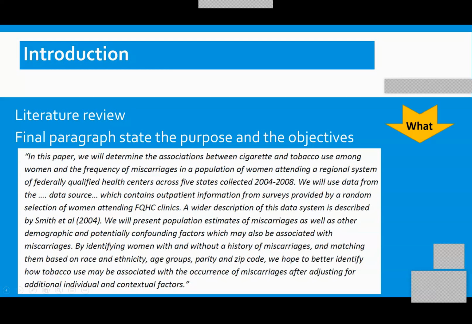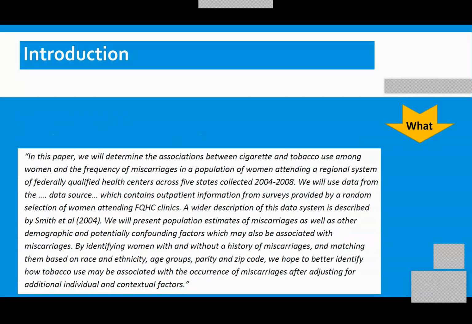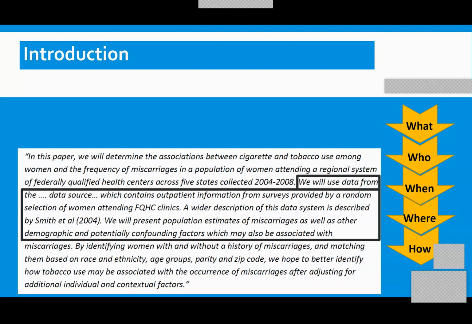So what is this study about? The relation between cigarette tobacco and miscarriage in women. And who are the women? Women attending a regional health system. And when, this is the date, and where, it's mentioned, and how, it will tell you the study design.